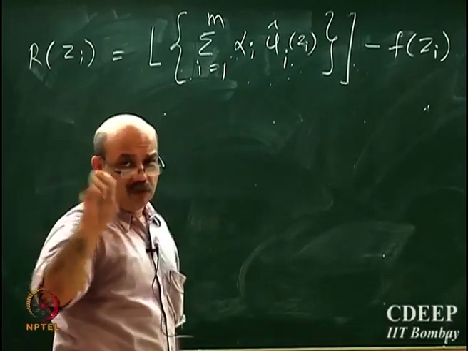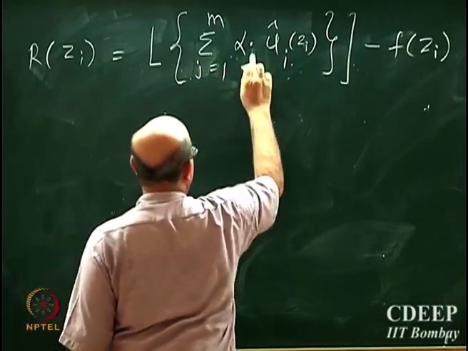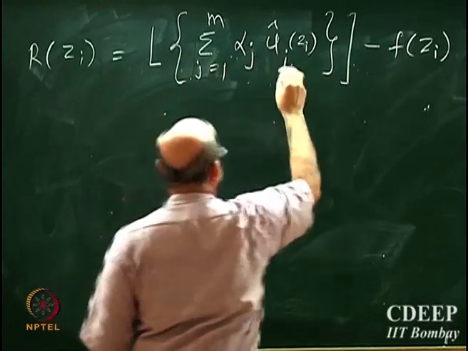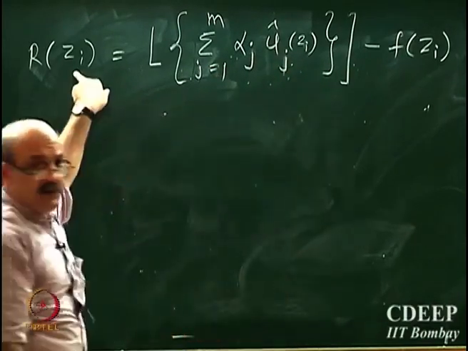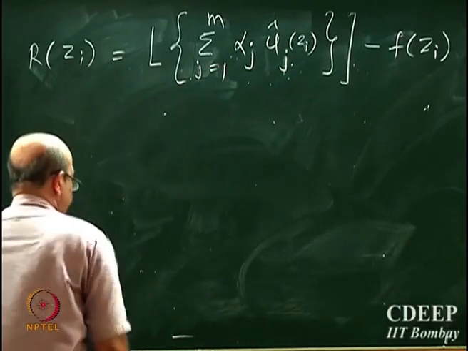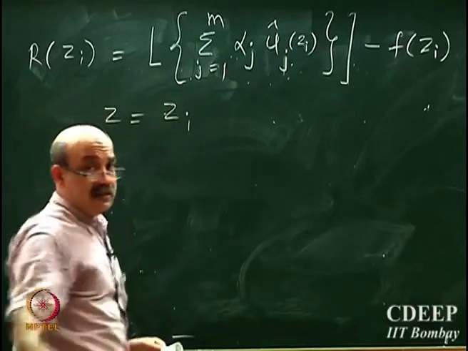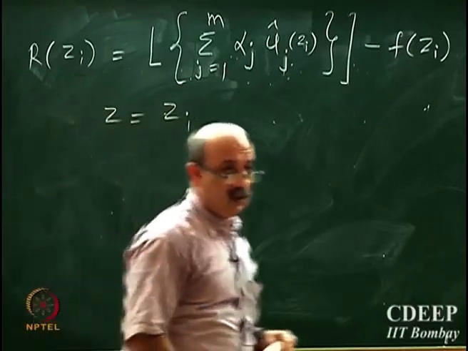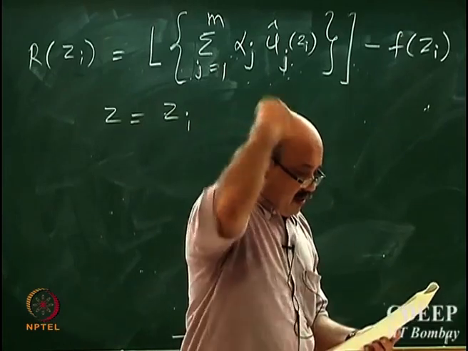Let me do a small modification here. Let us call this j, and let us call this j. This is the residual at z equal to zi.